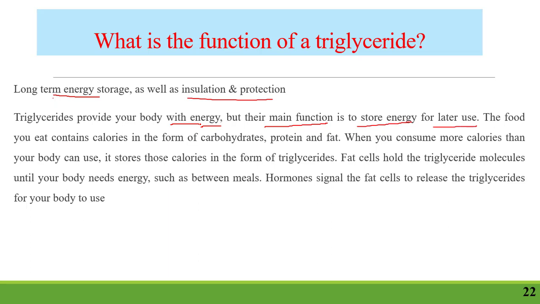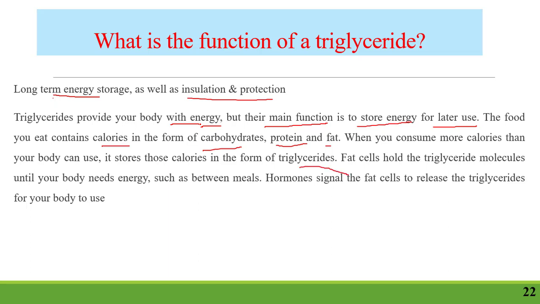The food which we eat contains calories in the form of carbohydrate, protein, and fat. When we consume more calories than our body needs, they are stored in the form of triglyceride.